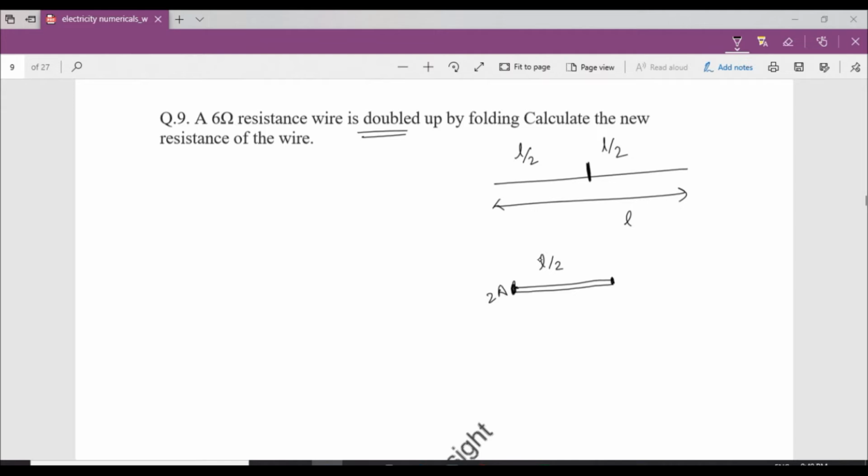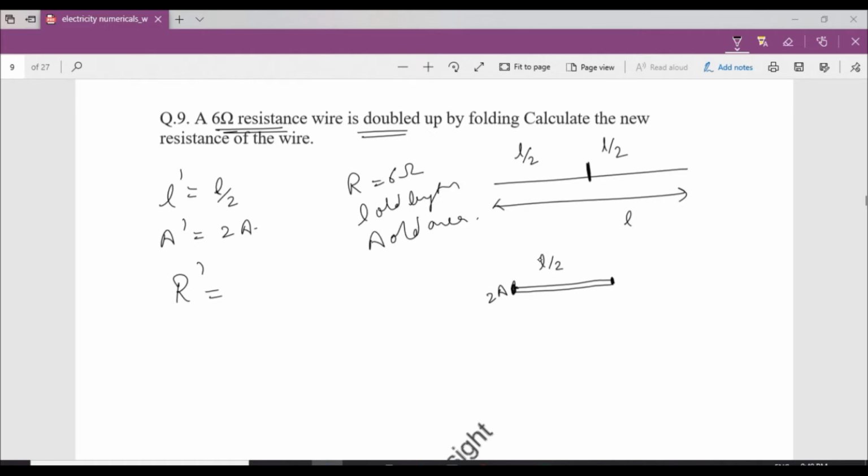Okay. So if your new length becomes L by 2 and new area becomes 2A, then what will be the value of new resistance? Old resistance is given to you, that is 6 ohm. Okay, L is your old length, A is old area. So what will be the value of R dash? As material is same, it will be rho L dash upon A dash. So L dash is L by 2.